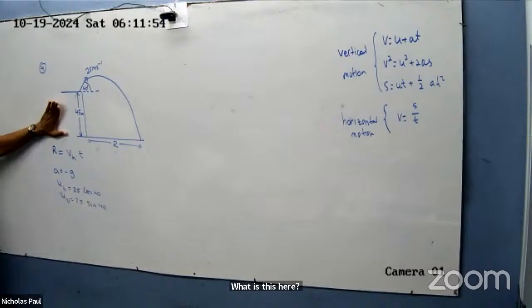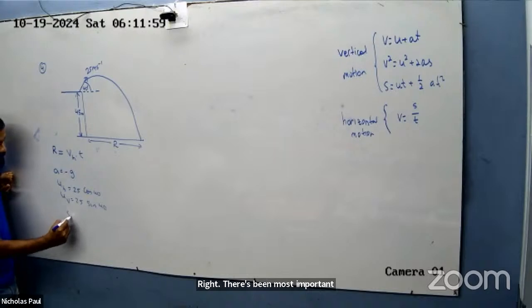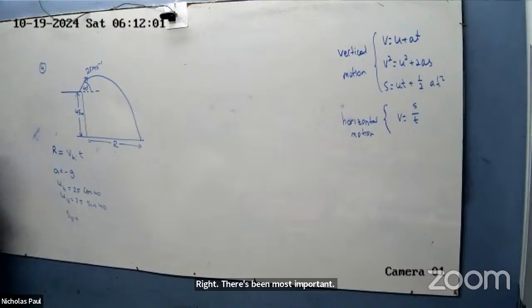Horizontal, this is the most important thing in the whole question. We know the vertical displacement. What's the value? Look at where you start and look at where you finish.